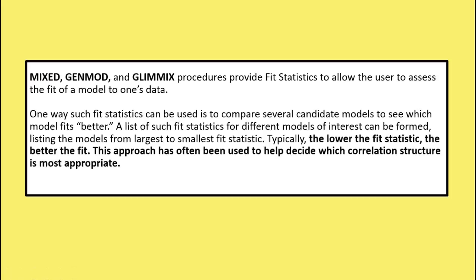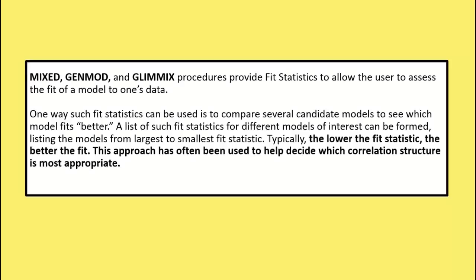Now typically one way this is going to be used, and we're going to talk about this some more throughout this class today, is this whole issue about how do you choose the correlation structure. You know, what's the right correlation structure? And typically the fit statistics issue here is usually focusing on what correlation structure you think is best based on these fit statistics.